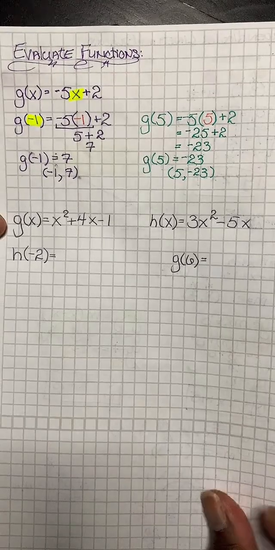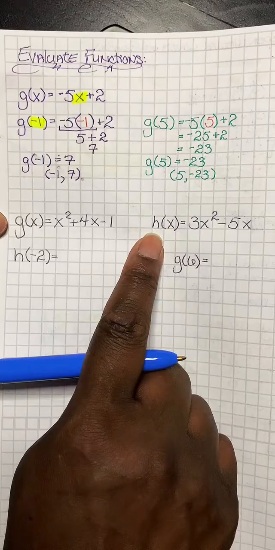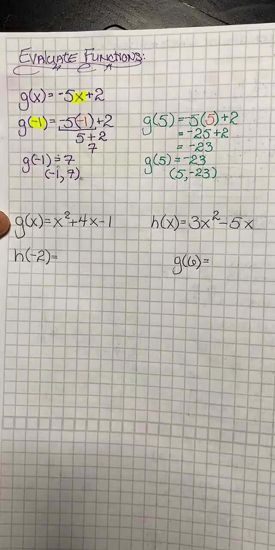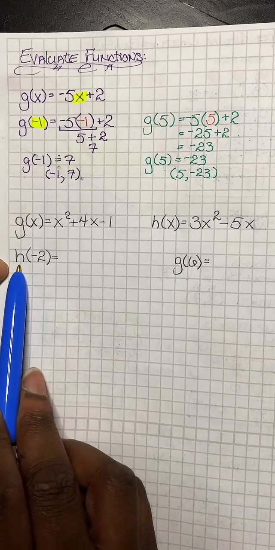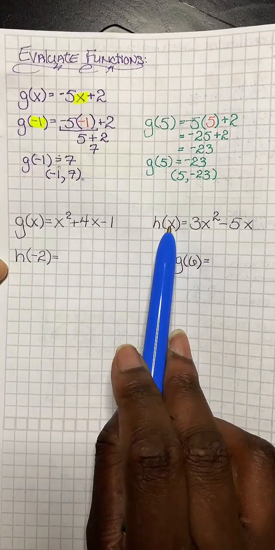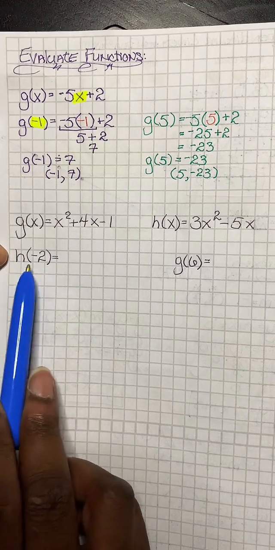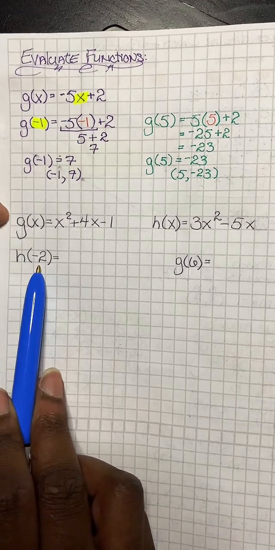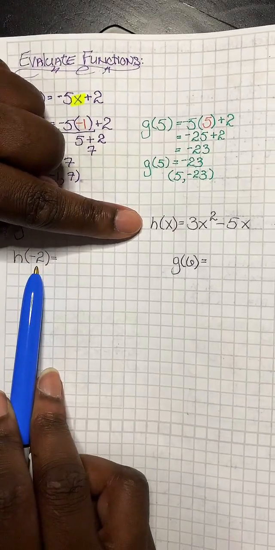So we have two different functions. We have a g function and we have an h function. Whatever they ask for, that's the function that we're going to go to. So this one is saying we want to know the h of negative 2. So we're not going to the g function, we're going to the h function.